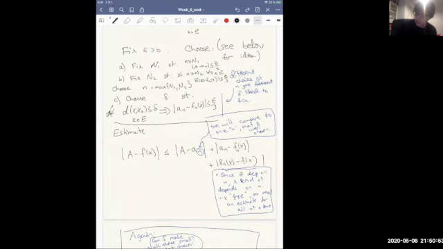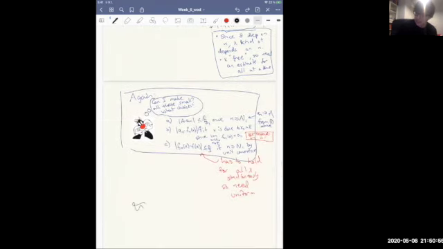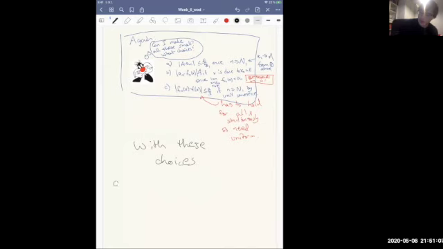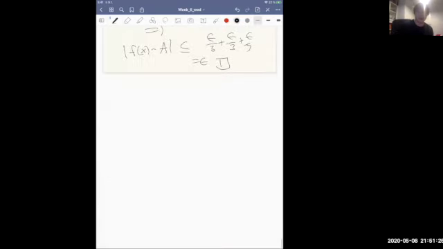So with these choices, if the distance from x to x naught is less than or equal to delta, then we get that |f(x) minus a| is less than or equal to epsilon over 3 plus epsilon over 3 plus epsilon over 3, which is equal to epsilon. And that concludes this lecture.